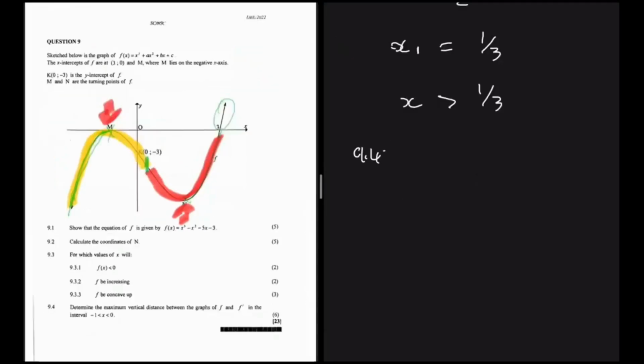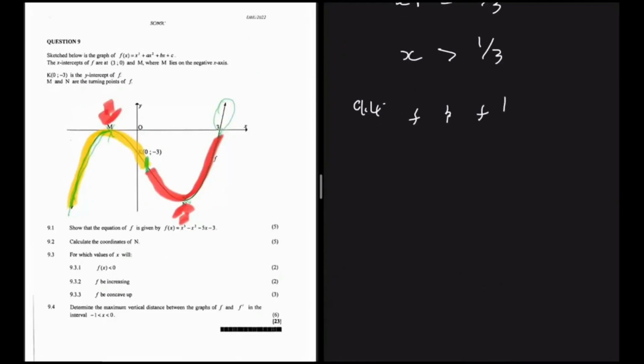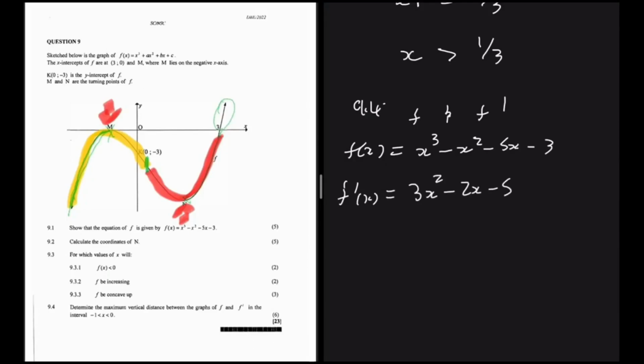So 9.4 says determine the maximum vertical distance between the graphs of f and f prime. We have already determined f prime, so just to do it again, we know that f of x is equal to x cubed minus x squared minus 5x minus 3, and f prime x is equal to 3x squared minus 2x minus 5.